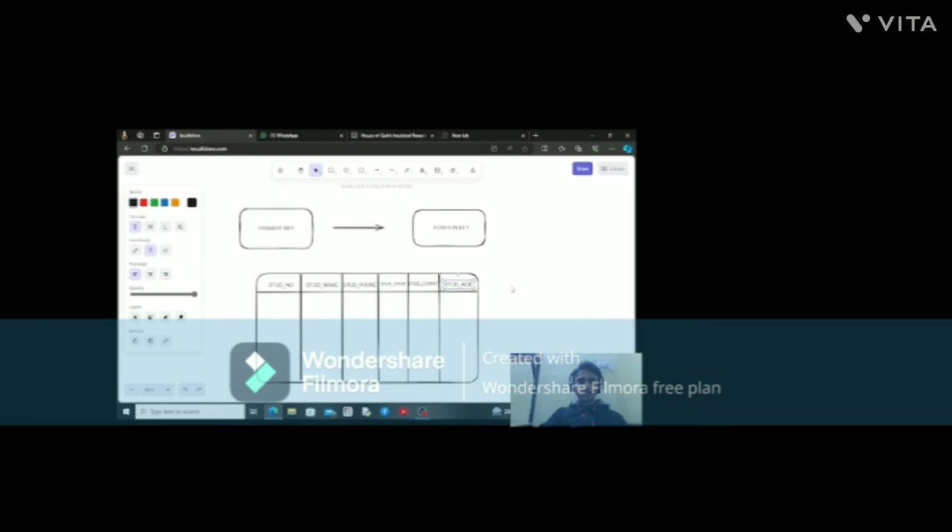Yeah, so now let's talk about this table, that is the student table. Student number as well as student phone are both candidate keys for the relation student, but student number can be chosen as the primary key.